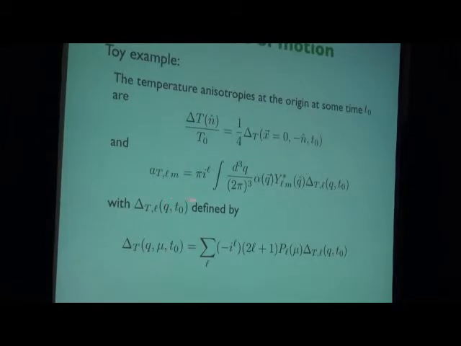And I get this kind of expression with these multipole coefficients. Does that make sense?